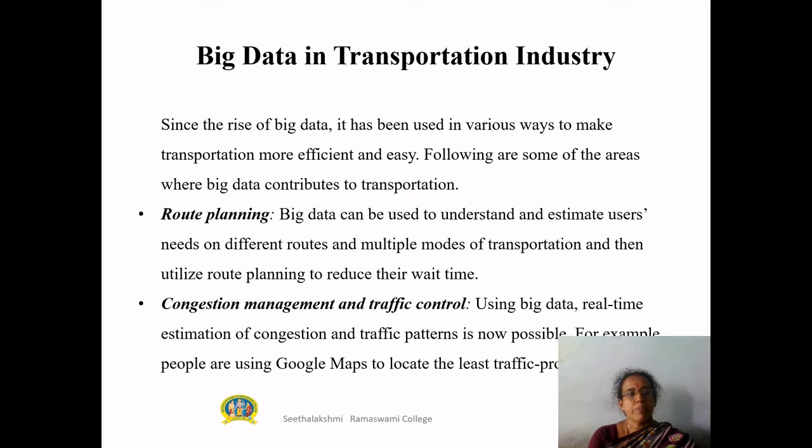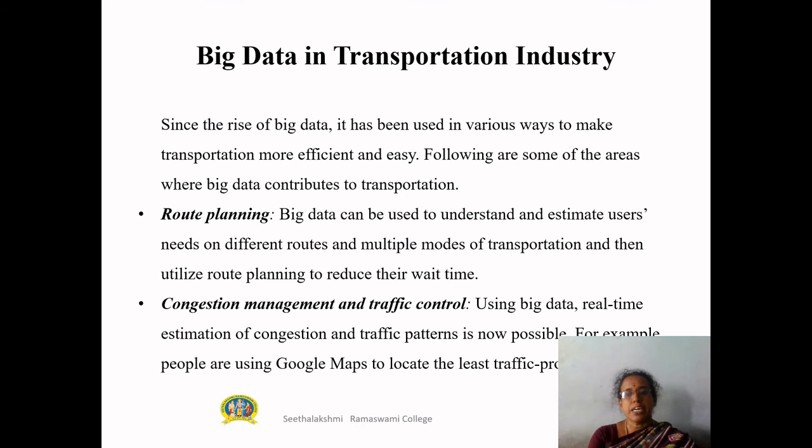Route planning. Big data can be used to understand and estimate users' needs on different routes and multiple modes of transportation and then utilize route planning to reduce the wait time.